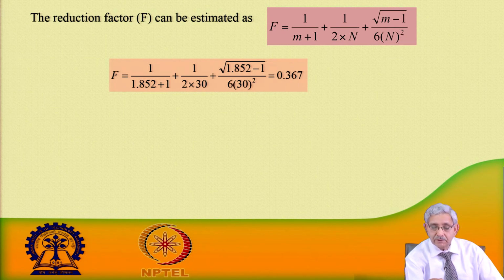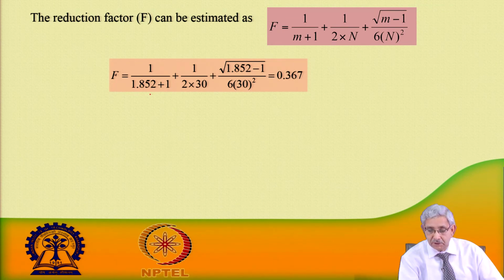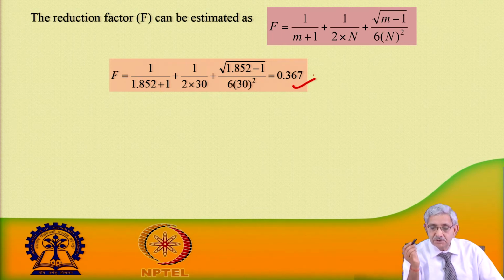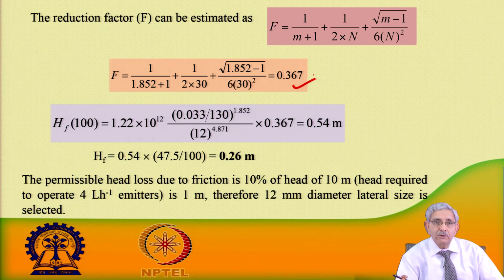We substitute the values of m, n and capital N, and the value of the reduction factor is estimated as 0.367.